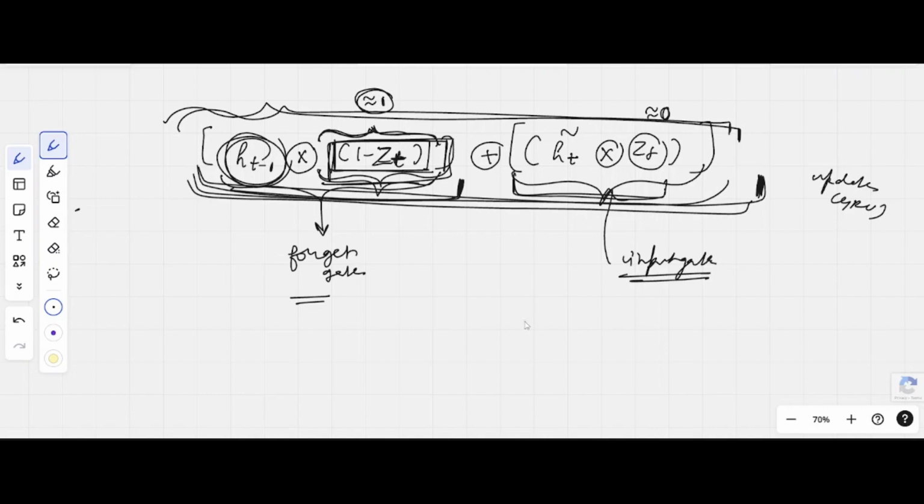Whatever we are adding, that much space must be present in our hidden state, so we need to remove that much part. It's a kind of balance that we are creating. And what's the result? The vanishing gradient problem that we were facing in RNN no longer exists here. So I think the entire explanation that I gave you around GRUs is clear.